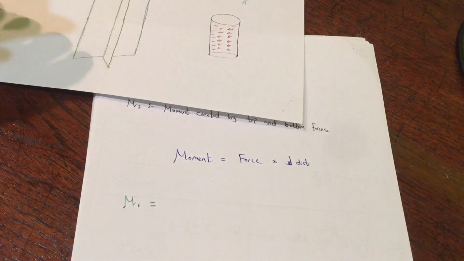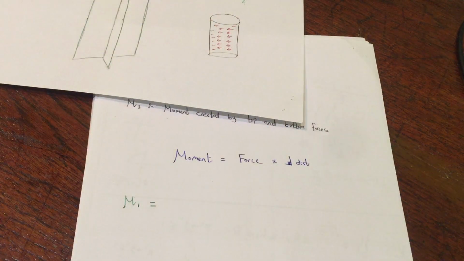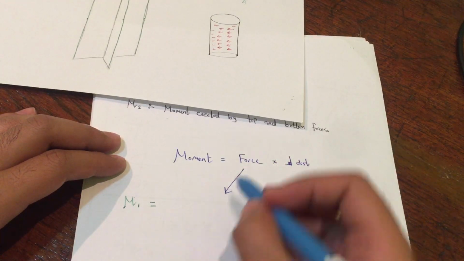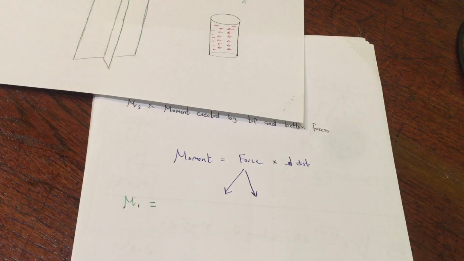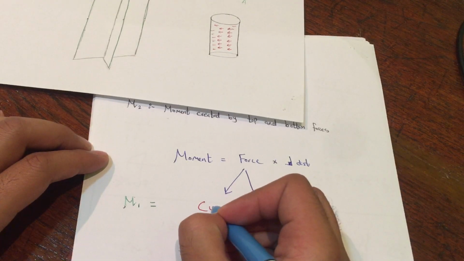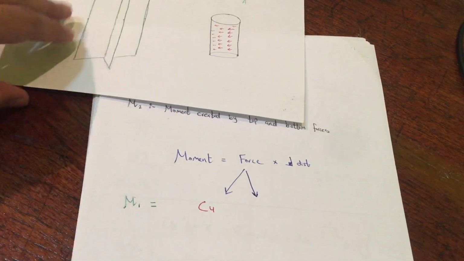So here, what is my force? My force consists of the product of those two things. First of all, here I have my Cu, which is the shear stress. I'll multiply this shear stress by the surface area of the cylinder.